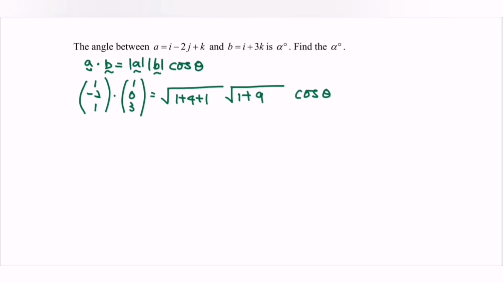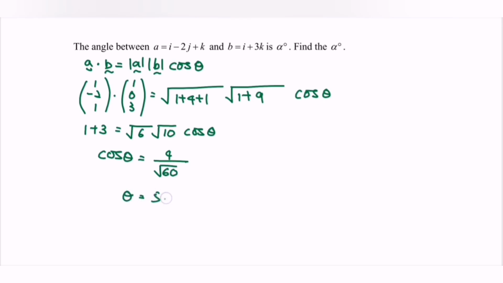Focus on the left hand side. What we have to do is to dot the vectors, and we will have 1 plus 3 equals square root of 6 multiplied with the square root of 10 cos theta. Rearrange, and we have cos theta equals 4 over square root of 60. And we have theta equal to 58.91 degrees.